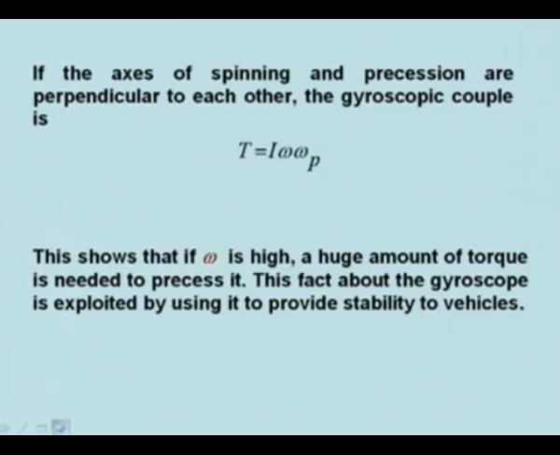This shows that if omega is high, a huge amount of torque is needed to precess it. This fact about the gyroscope is exploited by using it to provide stability of vehicles.